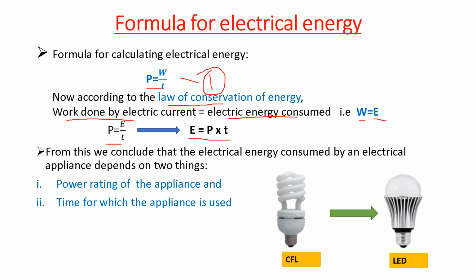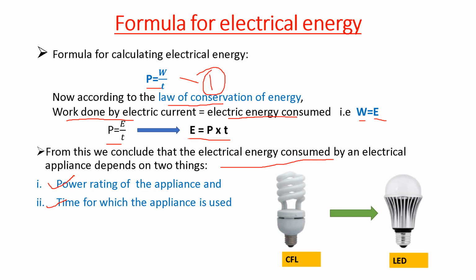So this is the final formula that is going to be used to calculate the electrical energy for various electrical appliances. Now what can we conclude from this formula? It can be concluded that the electrical energy consumed by any appliance depends on two things. The first one is the power rating of the appliance, and the second is the time for which the appliance is used. That is why we are always asked to use low power appliances, or to check appliances for a good power rating.